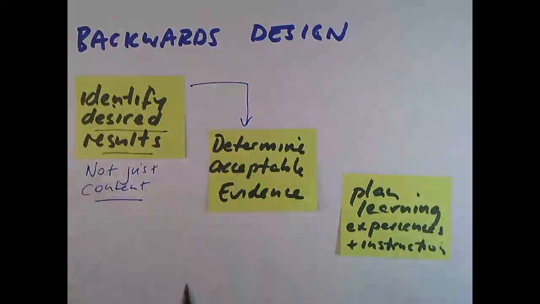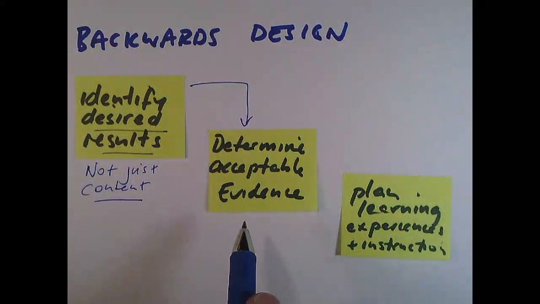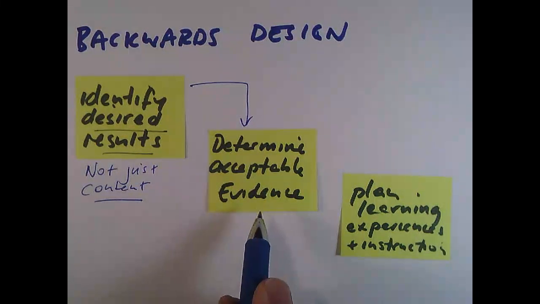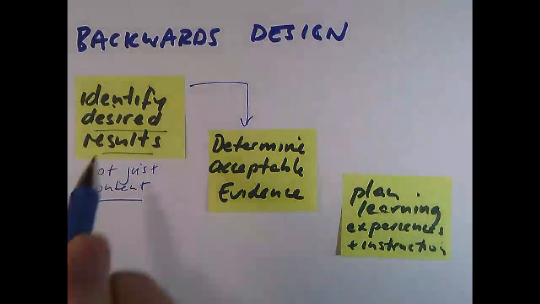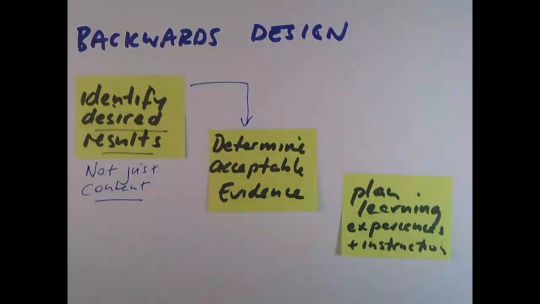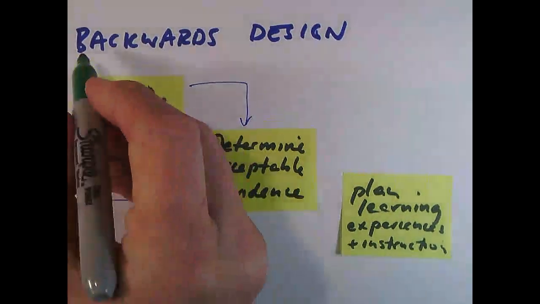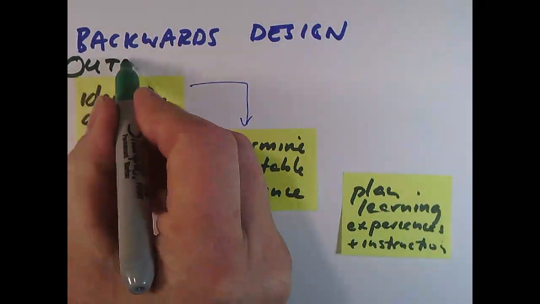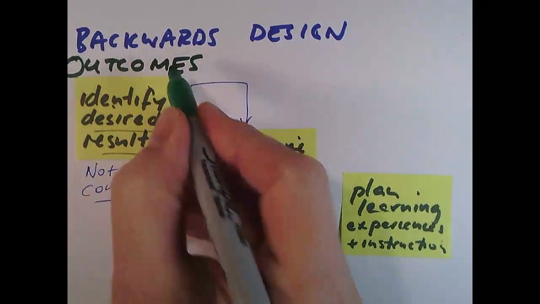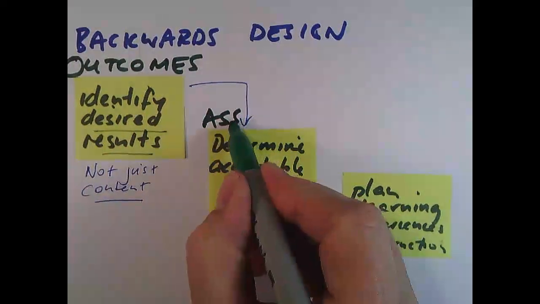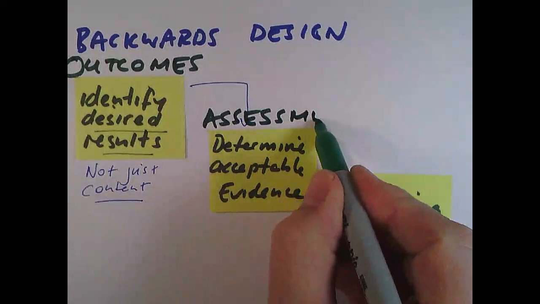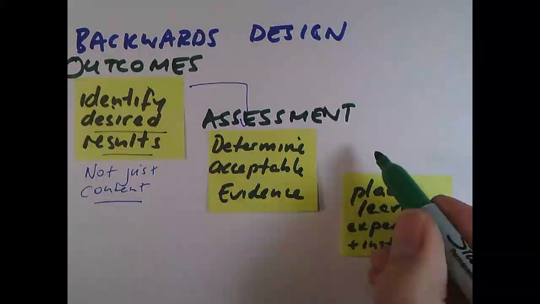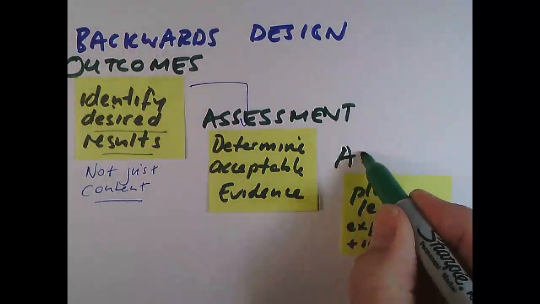Next thing, we look then at what acceptable evidence we should gain in our assessments to check that they have obtained the desired results. So we think of this as being the outcomes. This is the assessment. And then we have here the teaching learning activities.